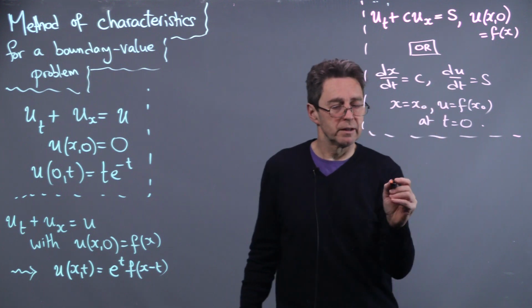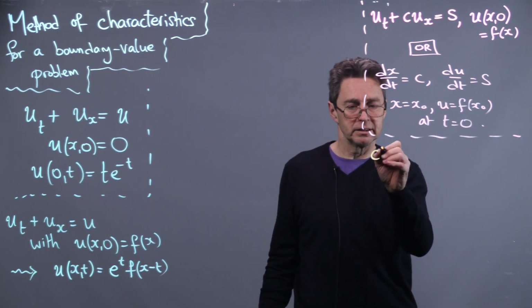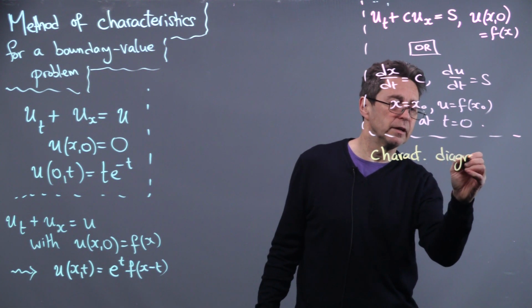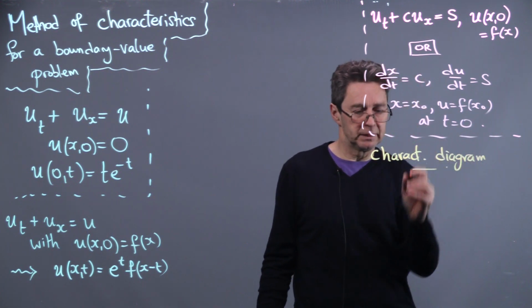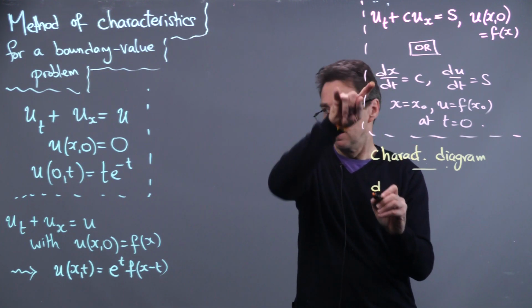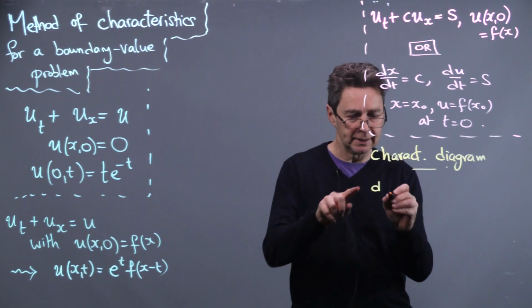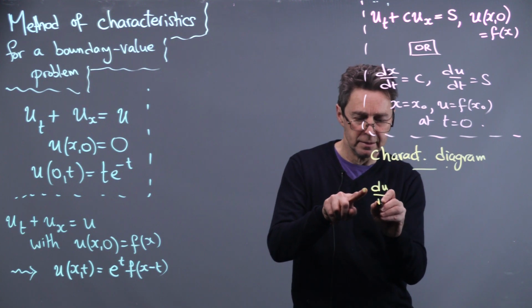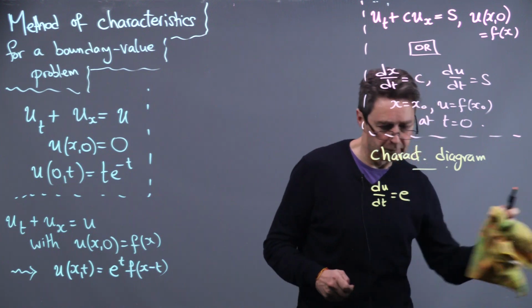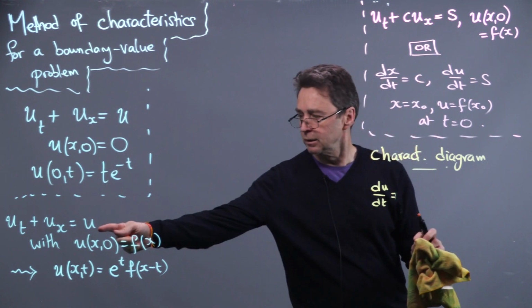So along with that, there is the characteristics diagram. I'll put that over here for this particular problem. So we learn in this particular case that du/dt is equal to u.